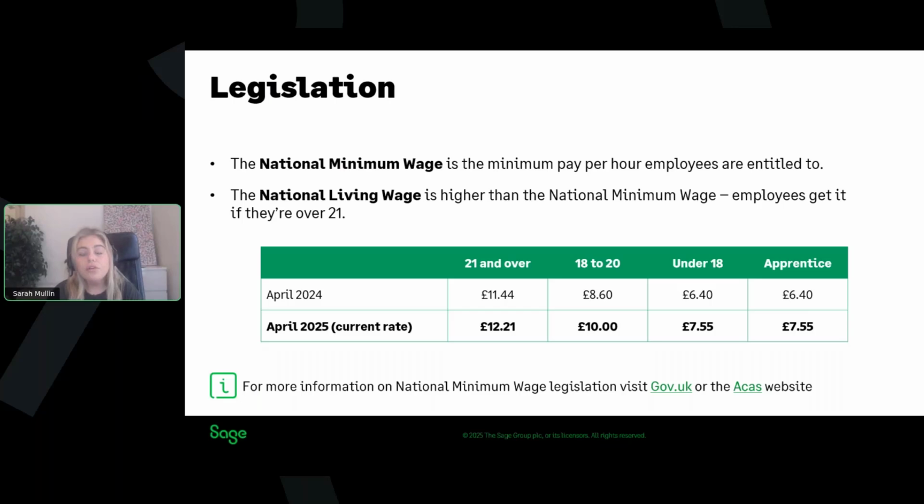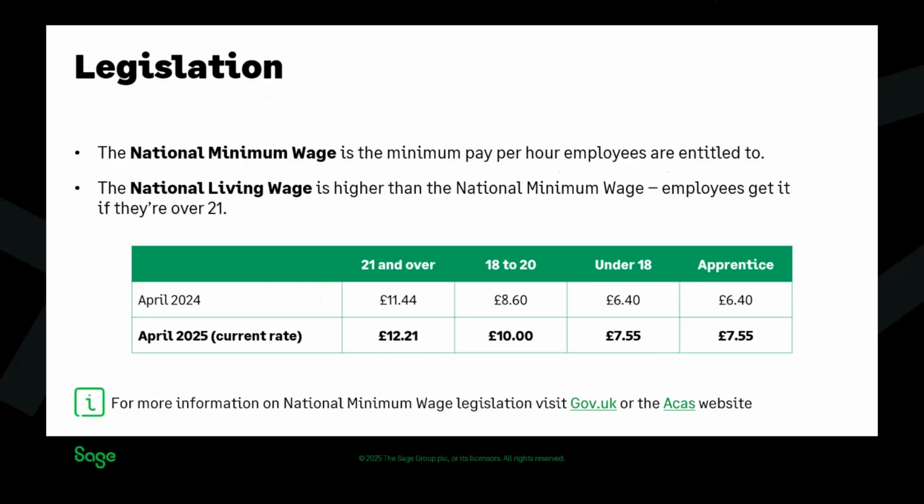So that's on both gov.uk and ACAS's website. So if you do download the handout today, you'll be able to check those out in a little bit more detail. Now, what I want to show you is where you can actually check the minimum wage rates within your programme. So I'll just bring these slides down for now and jump into payroll.